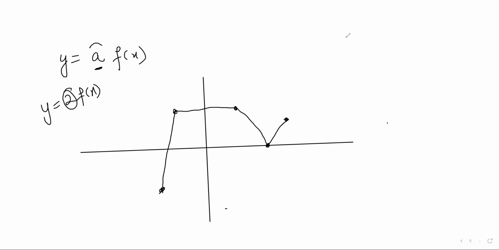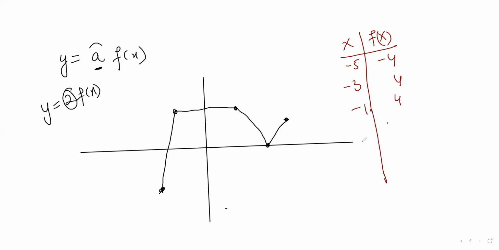What we're going to do is plot the values of x-axis and y-axis. When x is -5, f of x is -4. When x is -3, f of x is 4, x is -1, f of x is 4, x is 1, f of x is 0, x is 2, f of x is 3.